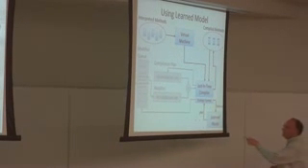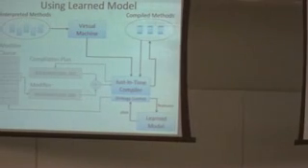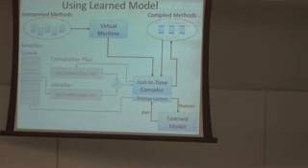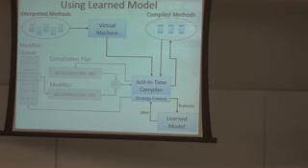So the learned model will come up with a plan, and we're going to tell the compiler, based on what we have learned from our exploration and using SVM to train the classifiers, this method should be compiled with this, and this transformation on, and all the other transformations should be off.